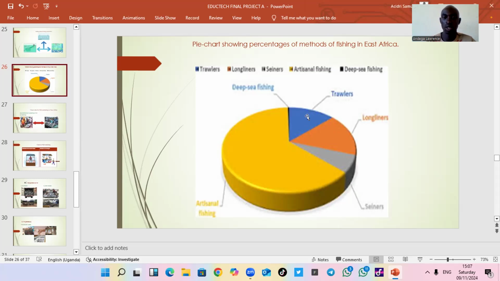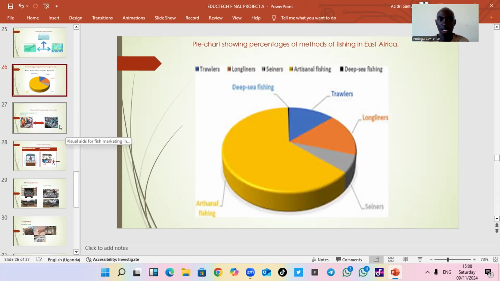So it is secondly used in East Africa. Then we have trawlers making use of trawls. So this one is steadily used, and with the least percentage of seiners being used. So deep sea fishing and trawlers are at the same pace, plus others.